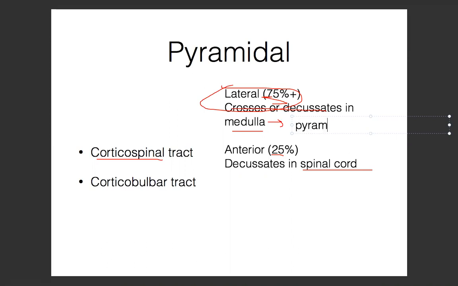So the area where it decussates is literally called the pyramid. That's why it's called the pyramidal tract. لأنه it goes through the pyramid في الميدولا. تمام؟ We good?